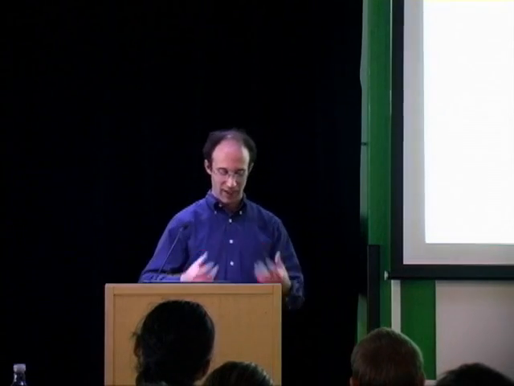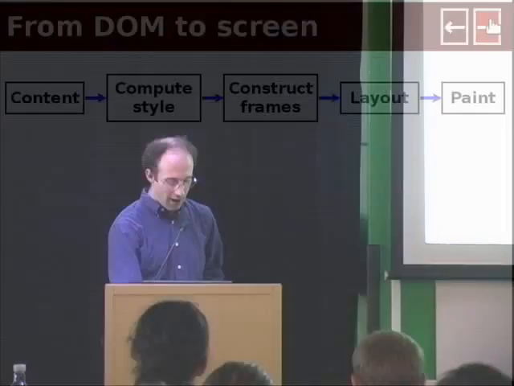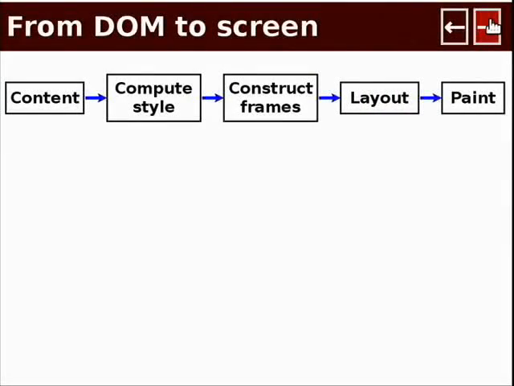So this is all sort of the preface to building up this content tree. Once we have the content tree, we then have to decide what types of objects to put in the rendering tree. And since the types of objects we put in the rendering tree depend on CSS styles, like the display property and some other properties, we actually have to compute the style for the element in order to construct the rendering tree.